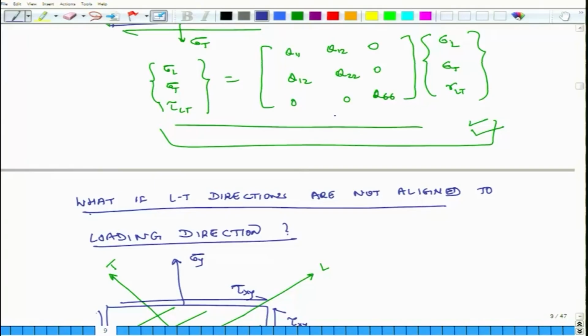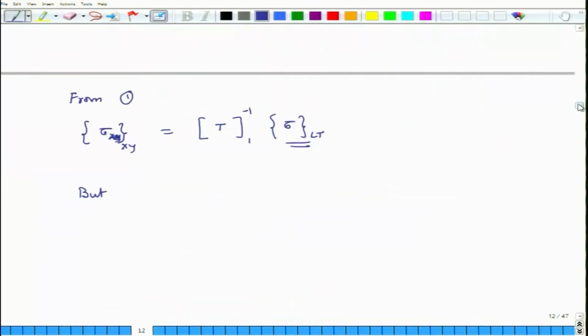We have shown several times now that sigma LT is equal to this Q matrix times epsilon LT, right. So, we will do this substitution. We know that sigma, when we are measuring with respect to LT coordinate system, is the Q matrix times the epsilon matrix measured in LT system.